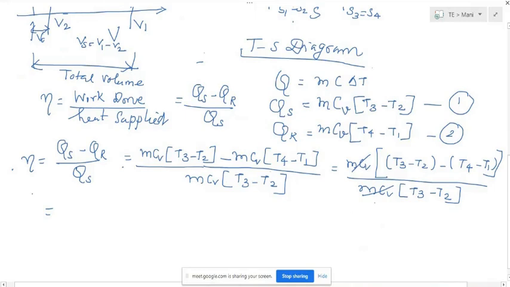So here also, T3 minus T2 and T3 minus T2 get cancelled, right? See, so we can say efficiency equals 1 minus (T4 minus T1) divided by (T3 minus T2). Look clear? Because of the same numerator and denominator, they get cancelled.